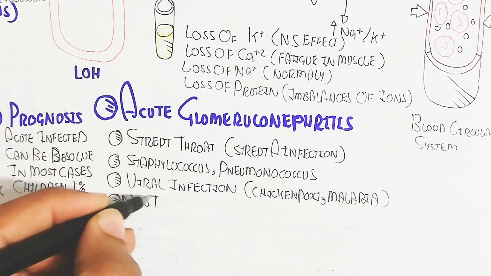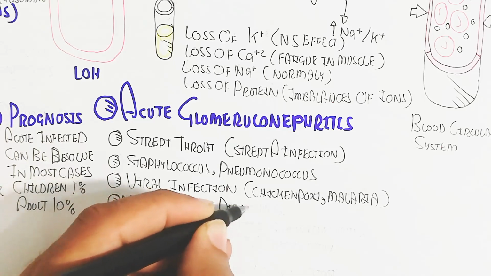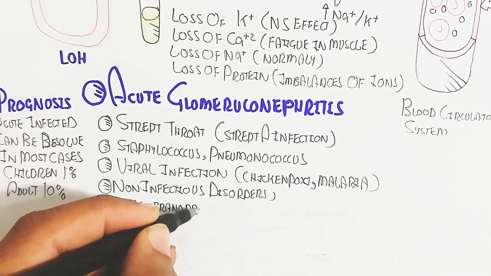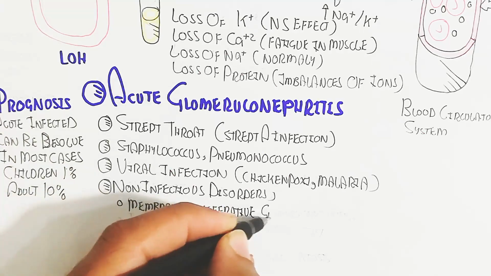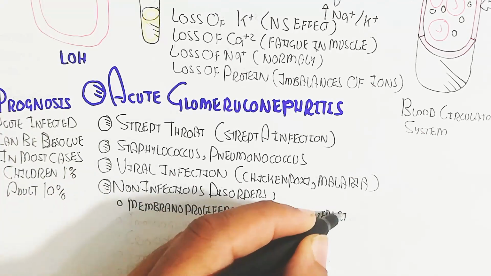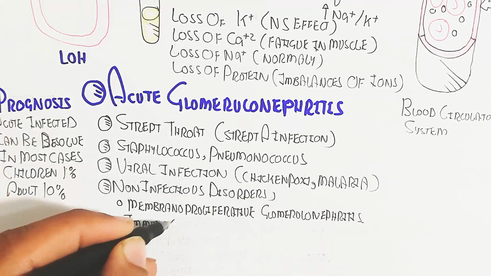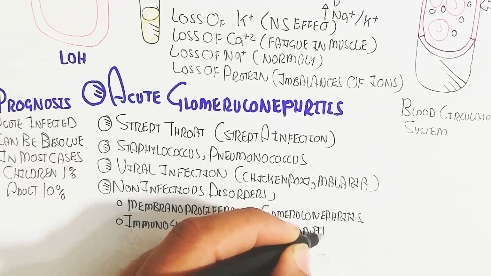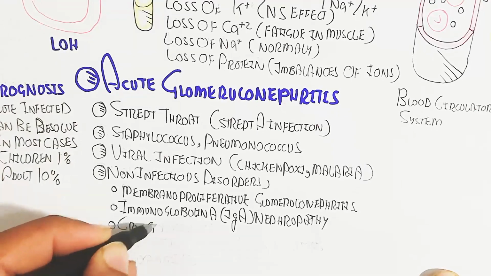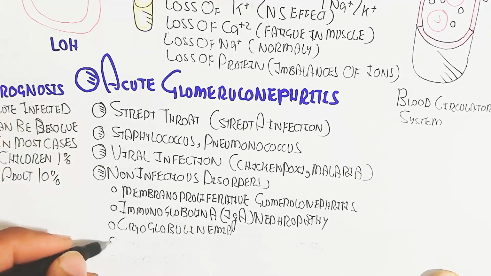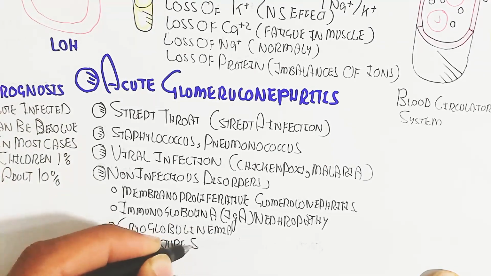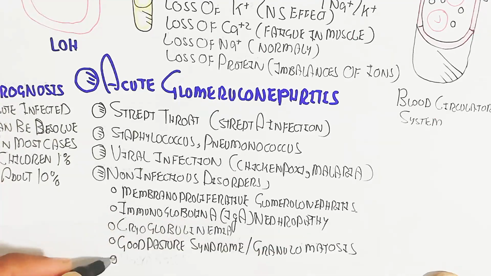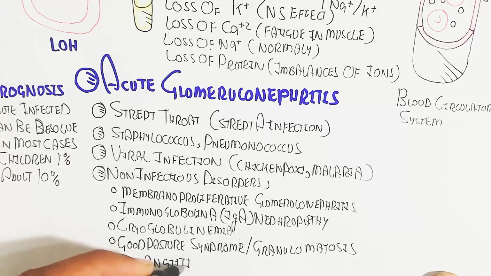Non-infectious disorders are also involved, like membranoproliferative glomerulonephritis, immunoglobulin A IgA nephropathy, cryoglobulinemia, Goodpasture syndrome, granulomatosis and polyangiitis.